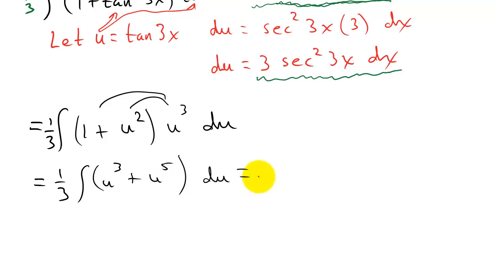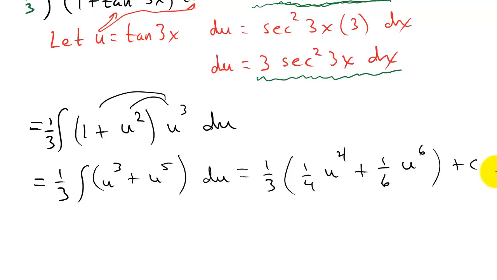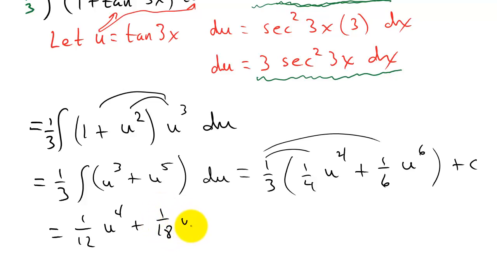Now I integrate, and that's going to be 1/3 times 1/4 u to the fourth plus 1/6 u to the sixth, and then all that's plus my constant term c. Now I'll just distribute the 1/3, and that is going to give me 1/12 u to the fourth plus 1/18 u to the sixth plus c.